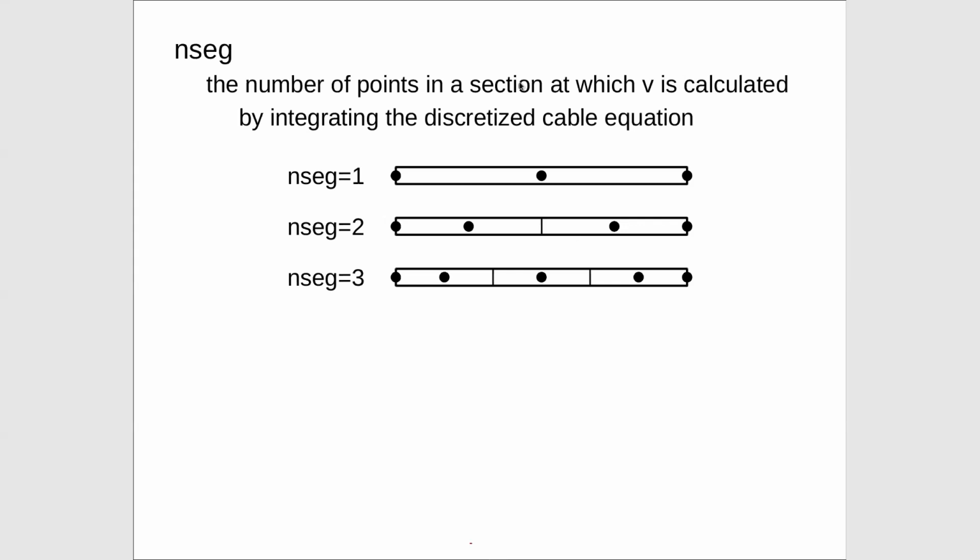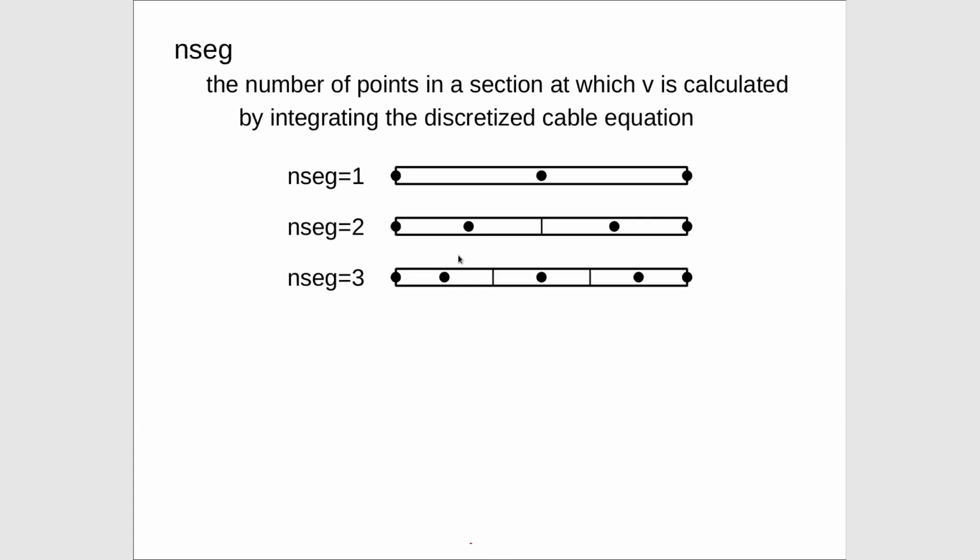The problem with going from an nseg of 1 to an nseg of 2 is that the points at which we're calculating the solutions to the ordinary differential equations are now different. We're calculating here and here. Which of these two points do we compare against the solution here to see if there's a qualitative difference? Well, obviously it's nonsense. You can't compare either of them because they're being calculated at different locations in space.